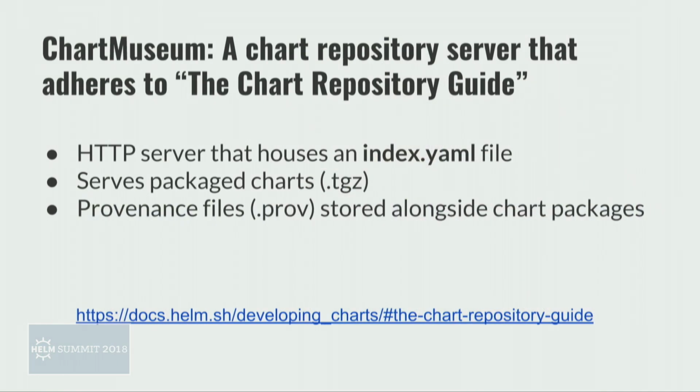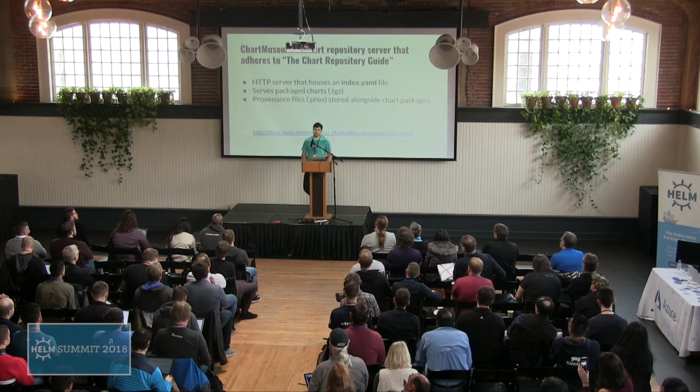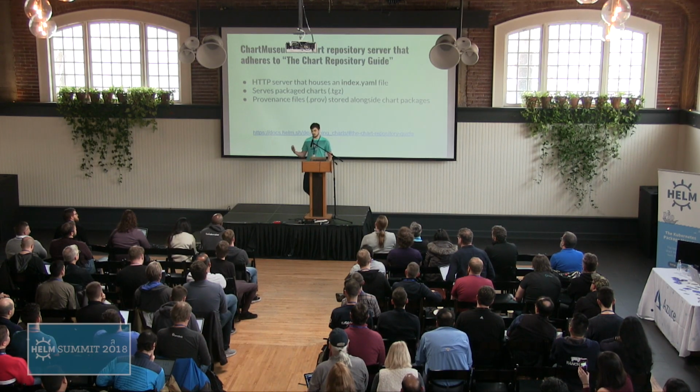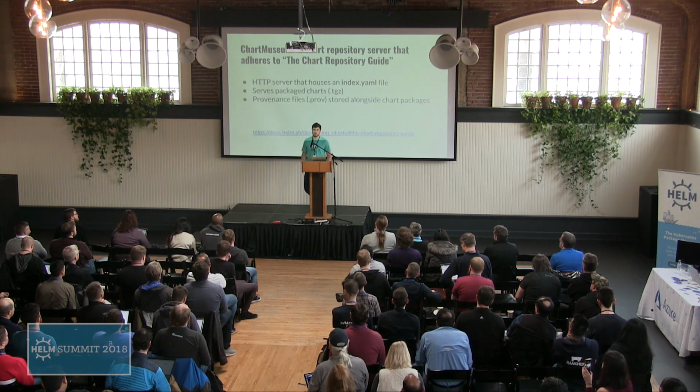So a little bit about ChartMuseum. Really simply, it's just a web server that follows the chart repository guide that the Helm team put up in their documentation. It has some more features that I'll go into detail about.